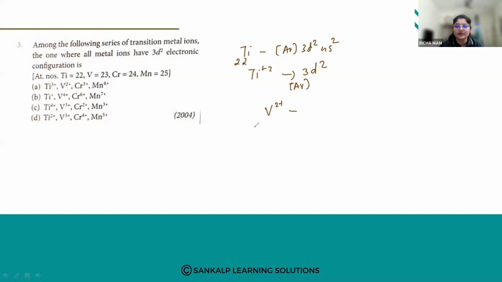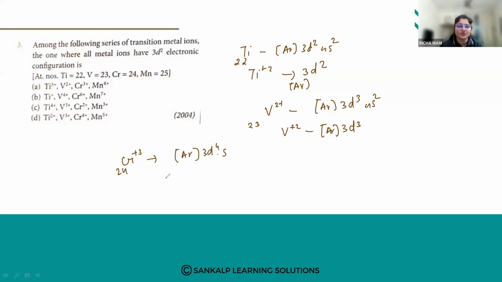Vanadium is 23, so it will be argon 3d3 4s2. So vanadium plus 2 is argon 3d3. Then chromium plus 3. Chromium is 24, so it will be argon 3d4 4s2. So chromium plus 3 is argon 3d3. So this is also wrong. So your first option is wrong.